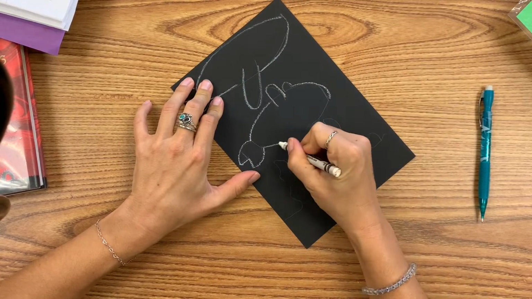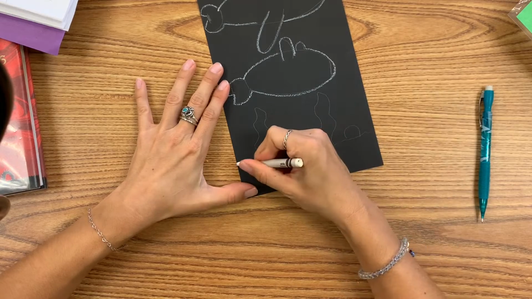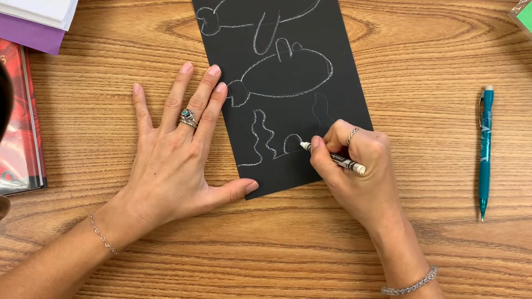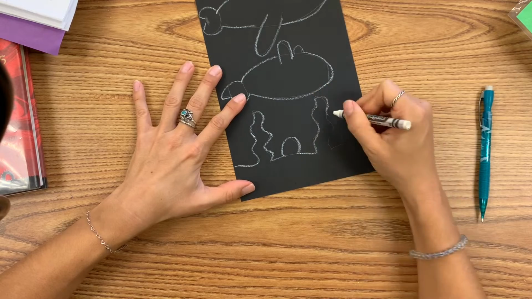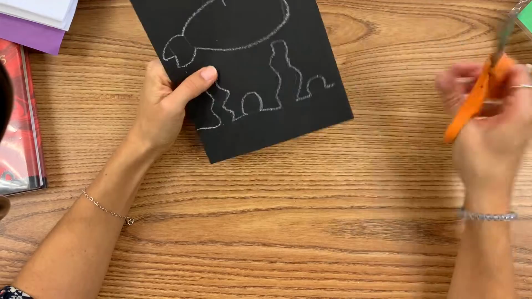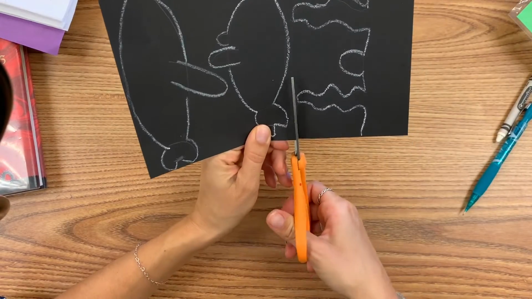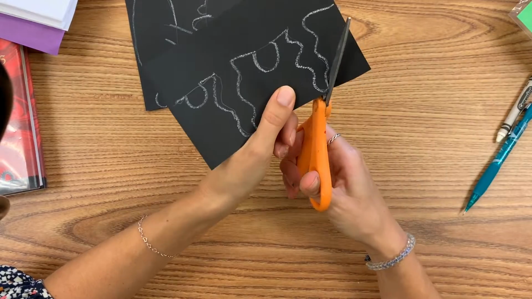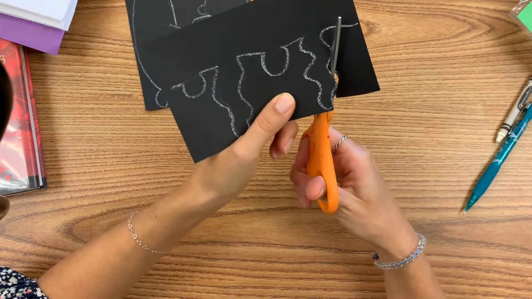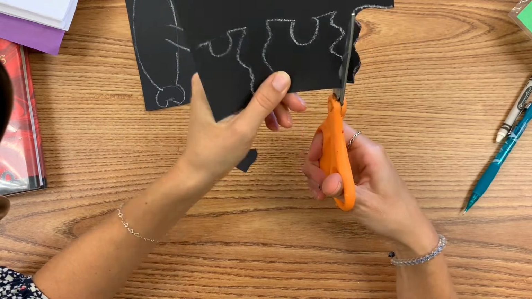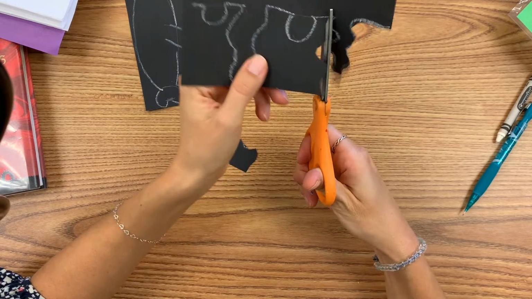Just a little trick of creating where you want the end of the drawing and the other end. And I'm just kind of trying to draw big so that it's easy for the audience to see and we can understand what the picture is. Now you're going to take your scissors and carefully cut this out. I'm just going to cut these out in big chunks and then go in and cut the details with my scissors.